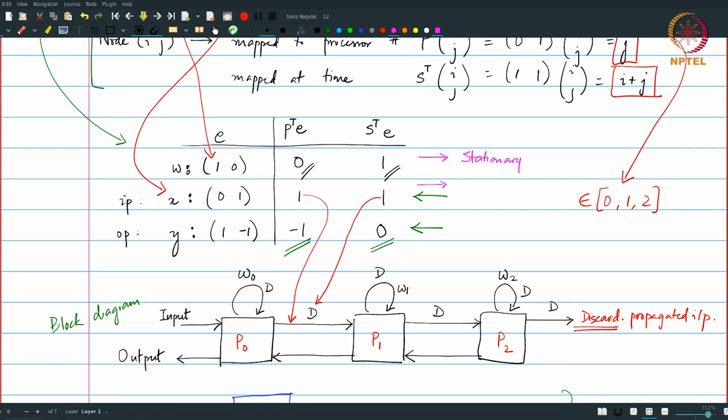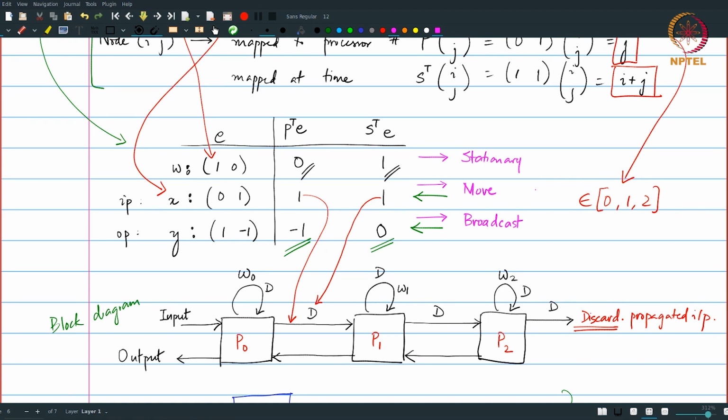The inputs propagate or move, and the output also moves, but in a special way, meaning that it is basically broadcast. What's the difference between move and broadcast? Move indicates that from one clock cycle to the next, it moves from one processor to the next. Whereas broadcast means that it moves from one processor to the next, all within the same clock cycle, right?